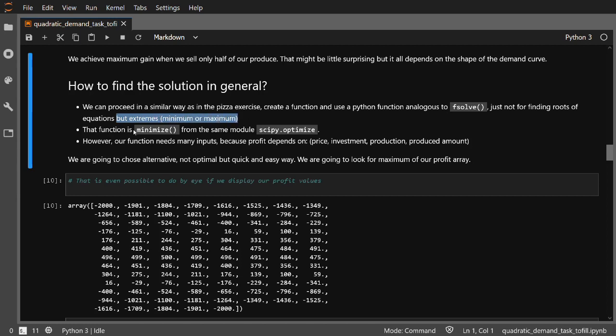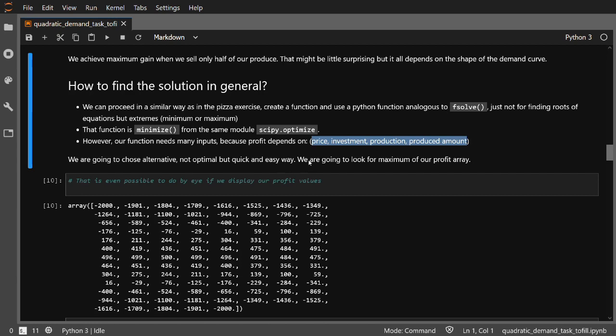And for that, the function minimize exists in the scientific Python package, module optimize. However, our function needs many inputs because our profit not only depends on the price, but we also had investments, production costs, and how many lemonades we are going to produce. Therefore, we are going to choose an alternative, not so optimal, but quick and easy way.